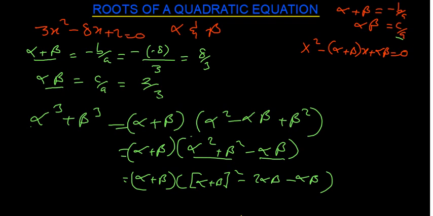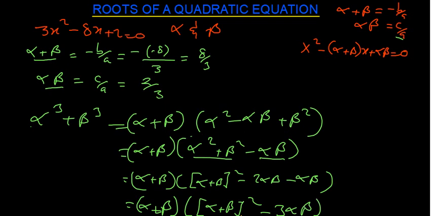Okay. So what we can see here is we have got alpha plus beta, open brackets, alpha plus beta squared. Now these are two alike terms. We can simply add them. Negative 2 alpha beta minus alpha beta, that will give us negative 3 alpha beta.